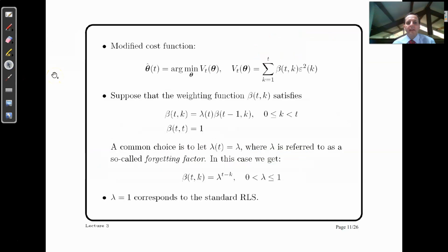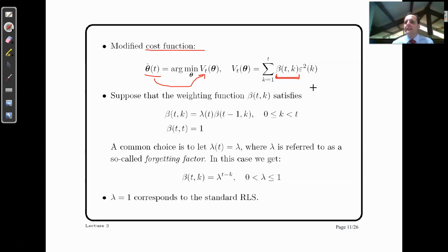So the idea was solved in a mathematical way by modifying the cost function, because the solution here is derived by minimizing the cost function. So you are introducing a weighting of your cost function.